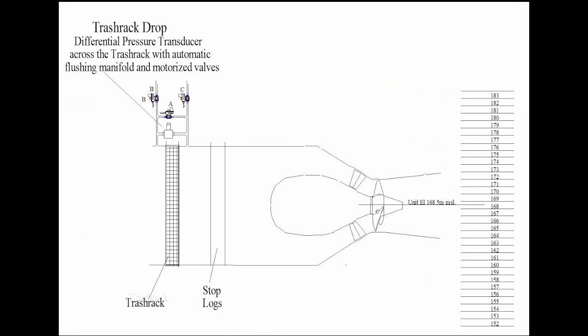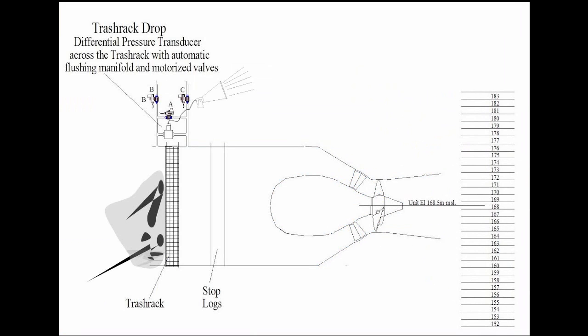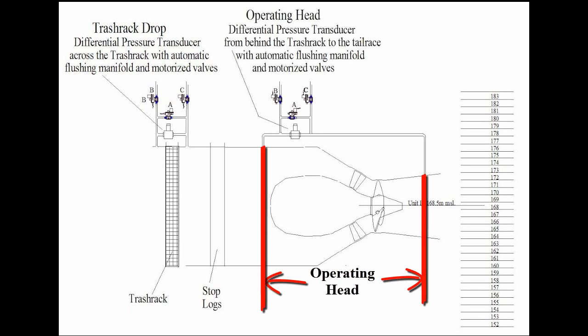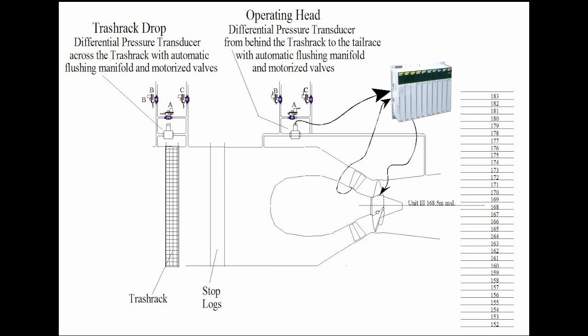A differential pressure transducer across the trash rack monitors this loss, and an alarm notifies the operators if the trash rack clogs with debris. Operating head is measured as the differential pressure from just in front of the bulb to the discharge tail race. Operating head differential pressure and gate stroke are inputs to the 3D CAM. The output is the blade angle set point.